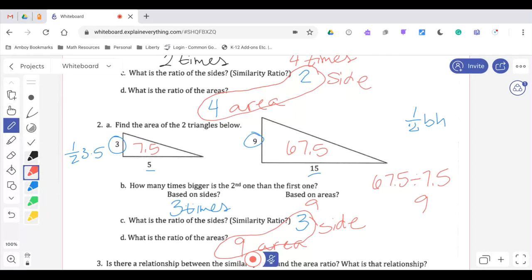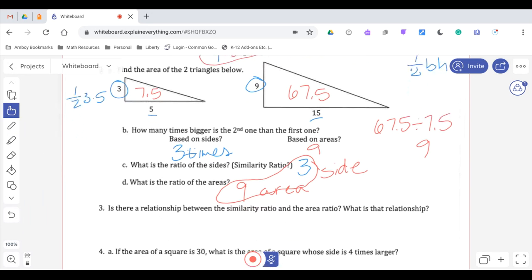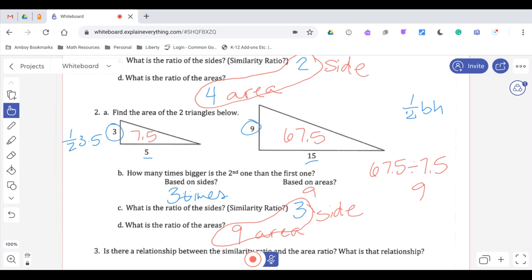I want you to maybe try to answer question 3 by yourself for a second. I'm going to give you a minute. So is there a relationship between the similarity ratio, the sides, and the area? What is the same about going from 2 to 4 and from 3 to 9?